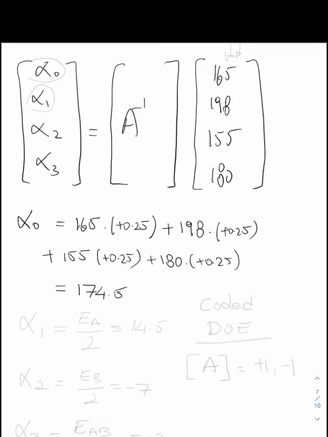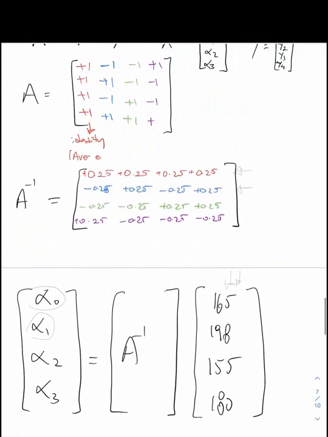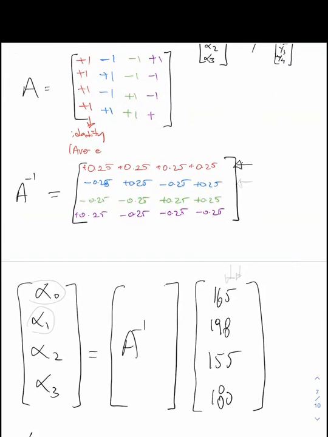and that will be equal to 174.5. So going back to the previous page, you can see that this was the first row multiplied by the first column of y, and that's going to give me alpha 0. If I were to solve for alpha 1, I'm going to take the second row of my A minus 1 and again multiply it by the y, and that's going to get me alpha 1.